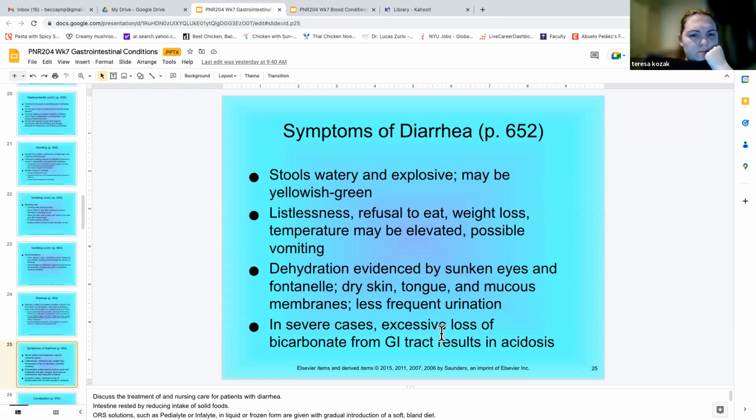So if they have a pH of less than 7.35, then that's acidotic, and if it's higher than 7.45, then that's alkalosis. I would remember those key numbers, being able to recognize what's acid and what's base. If you see a blood gas and it's 7.5, that's alkalosis. And alkalosis is going to be associated with vomiting, not diarrhea. And then acidosis is your diarrhea.